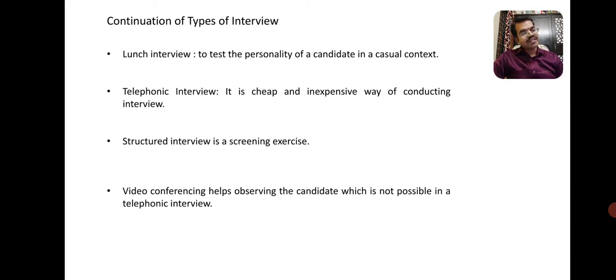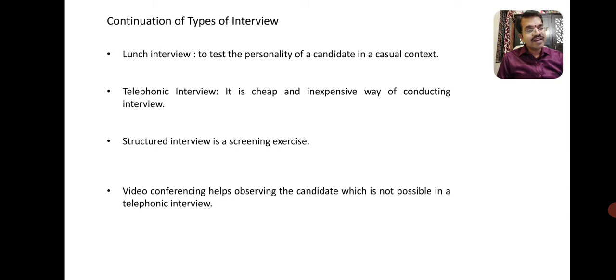So why is the telephonic interview so much sought after? One thing is that the telephonic interview is not only cheap and inexpensive, it will also try to bring out the candidate's expression, the candidate's values, the candidate's beliefs during the interview.